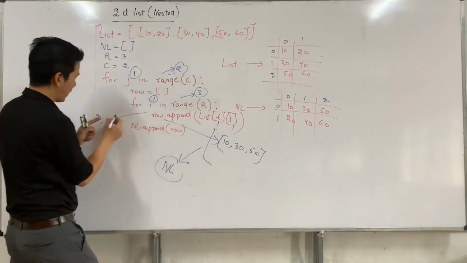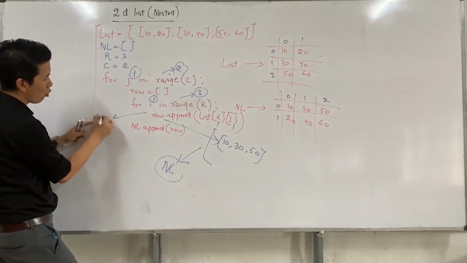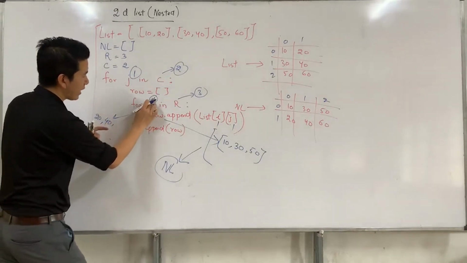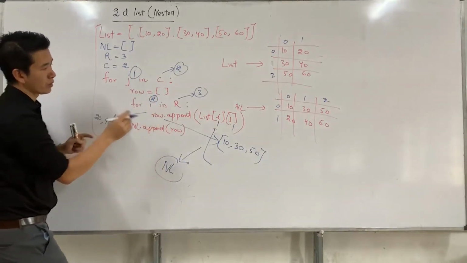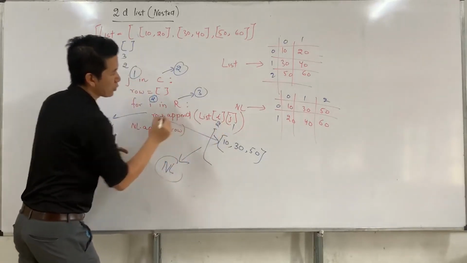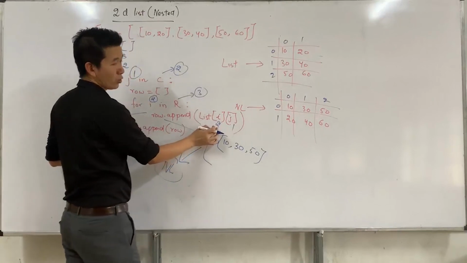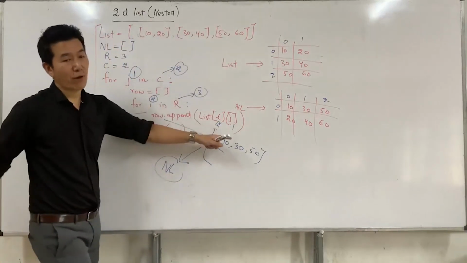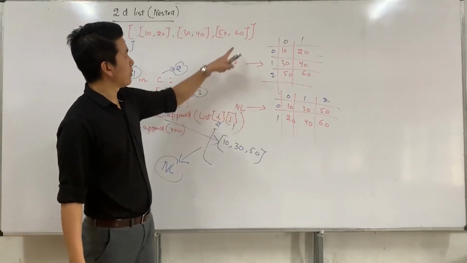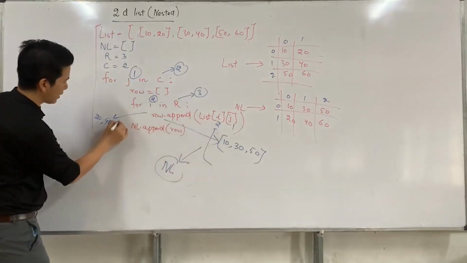So 40 will be appended to the row, and then the I changes to 2. When I changes to 2, what happens? 2 and 1 means 0, 1, 2. Pick up the first element, which is 60.